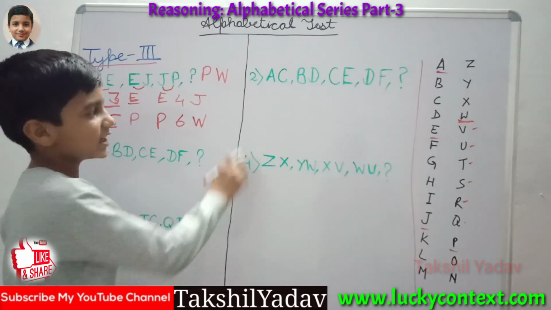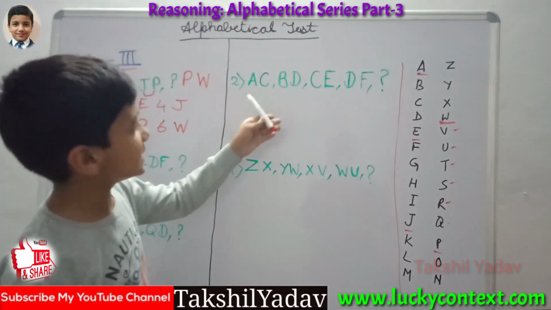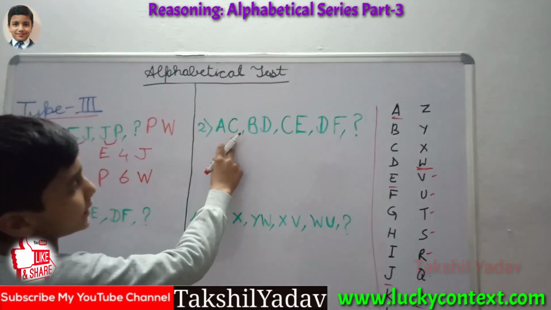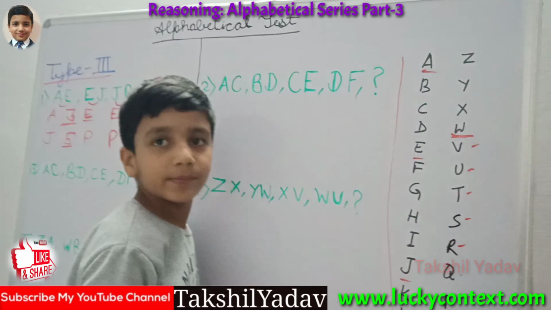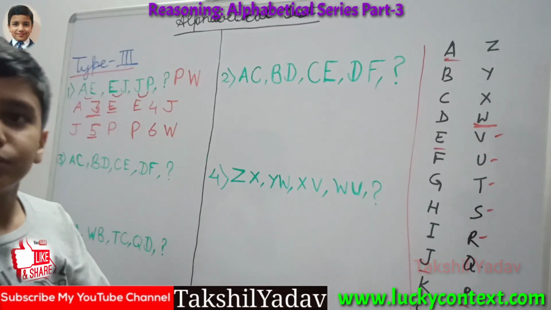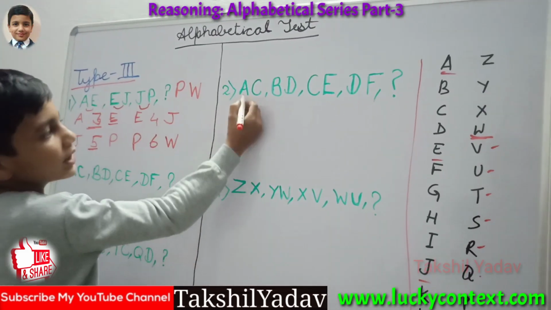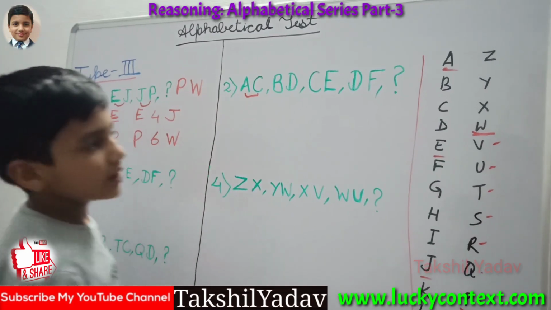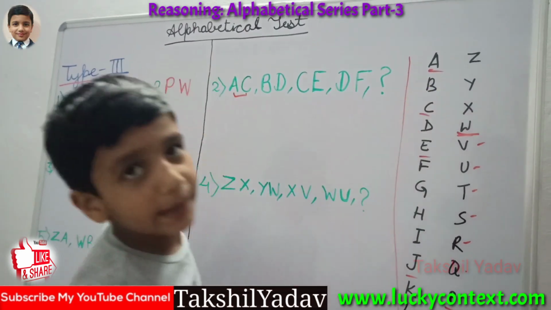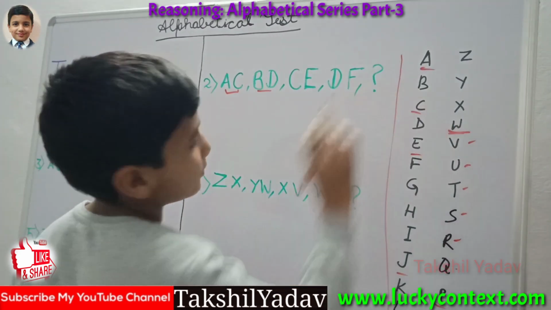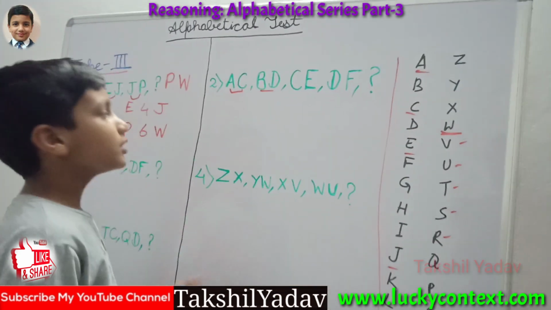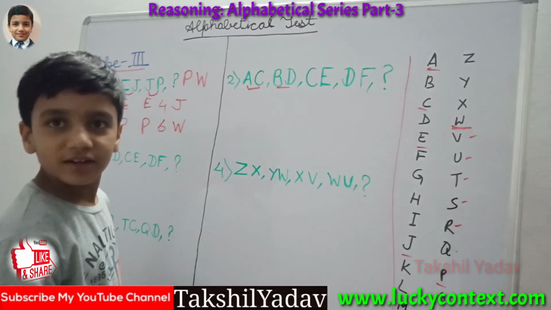Next comes the second question, that is, here we can see AC, BD, CE, DF. Now what is the relationship? Let's understand. Here A and C, 1 letter gap, understood. Then B and D, 1 letter gap, again understood. But from where did I bring B here?